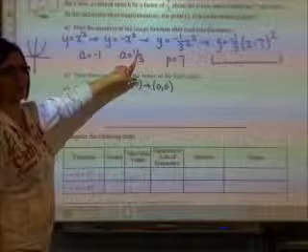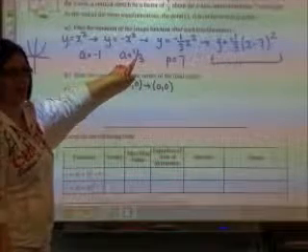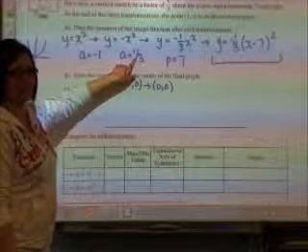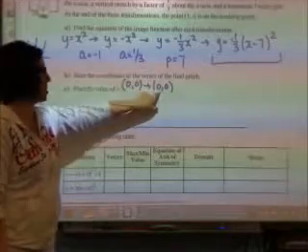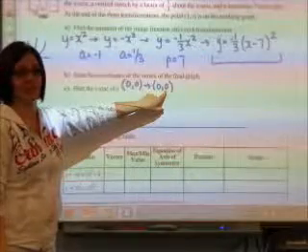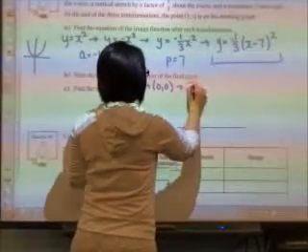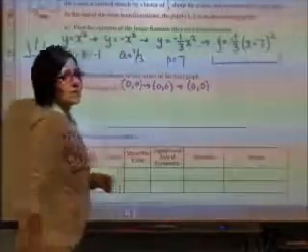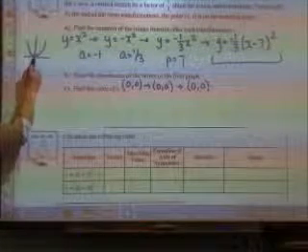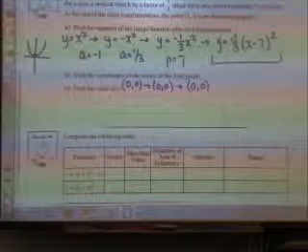If I stretch that value by 1/3, what will I get? Stretching means multiplying. So if I multiply this by 1/3, I'm still going to be at 0. So on this point, the stretch and the reflection do not move that point.